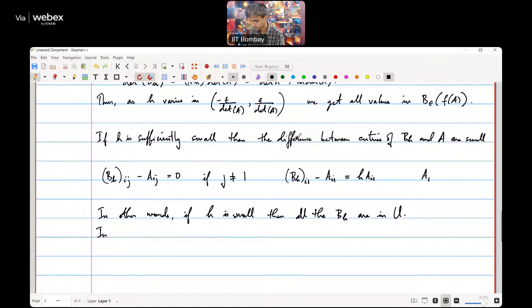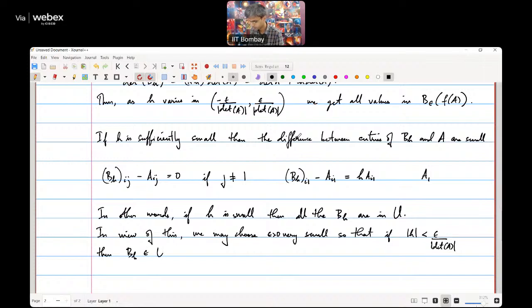So in view of the above discussion, we may choose epsilon small enough, epsilon very small, so that, maybe I should have put absolute value of determinant A over here, so that if absolute value of H is strictly less than epsilon by the absolute value of determinant of A, then BH belongs to this open subset U, and this in turn will imply that f of U contains the set.